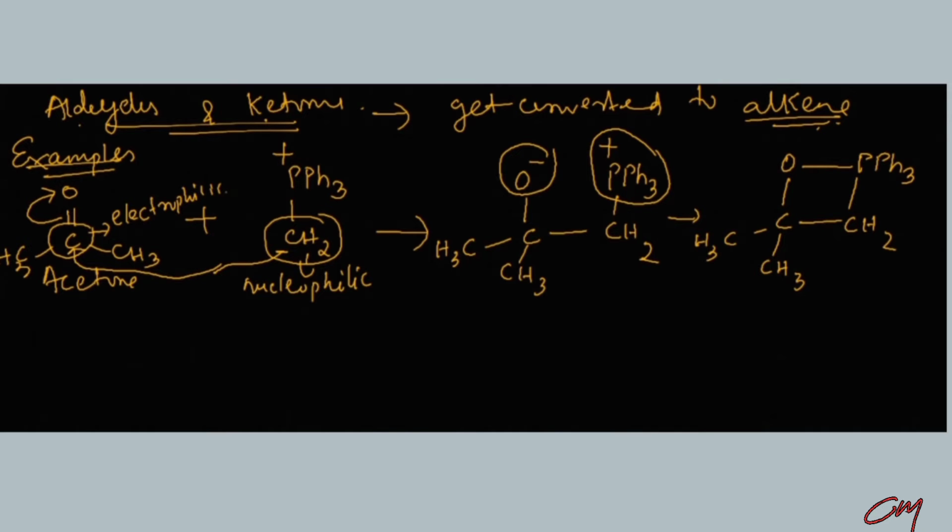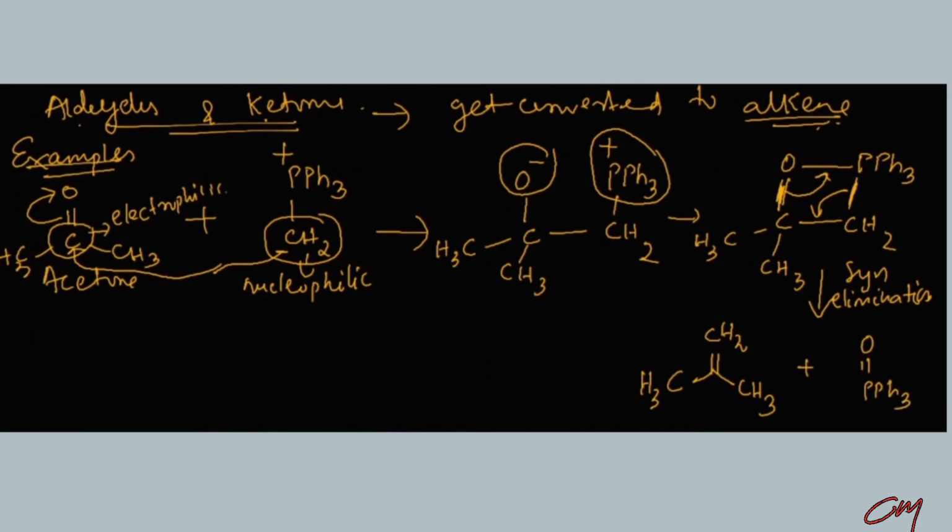Now syn elimination takes place, in which this bond breaks and this bond breaks, this bond breaks and this bond breaks, and we get the product as CH3 double bond CH3, here there will be CH2 plus O double bond PPh3.